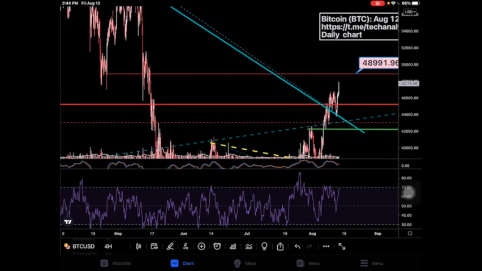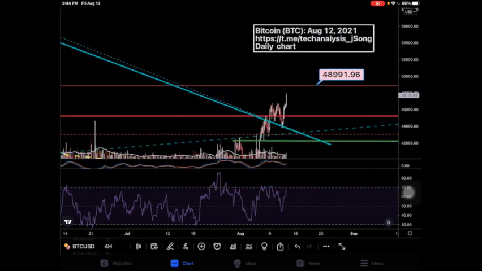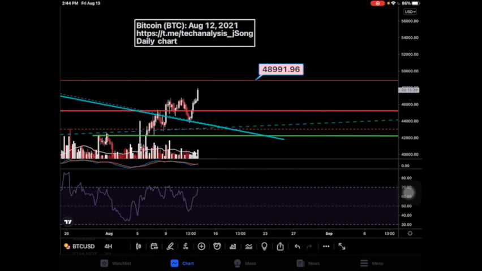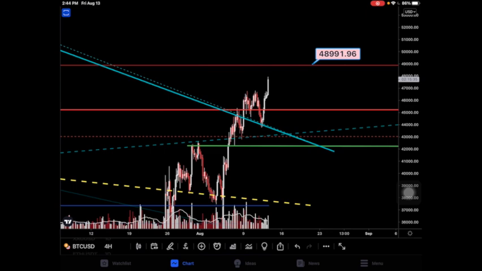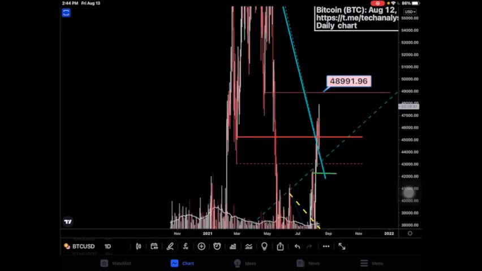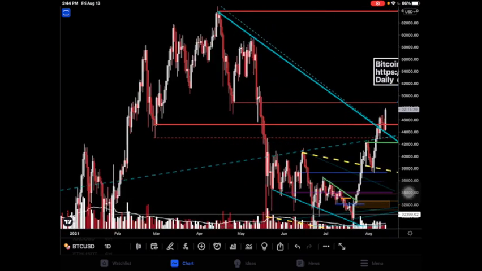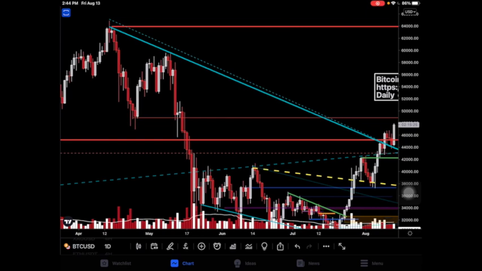This one is kind of a big deal. That area is kind of a big deal. However, coming into that range, we have major support of this teal line, and this one was part of the daily lines.